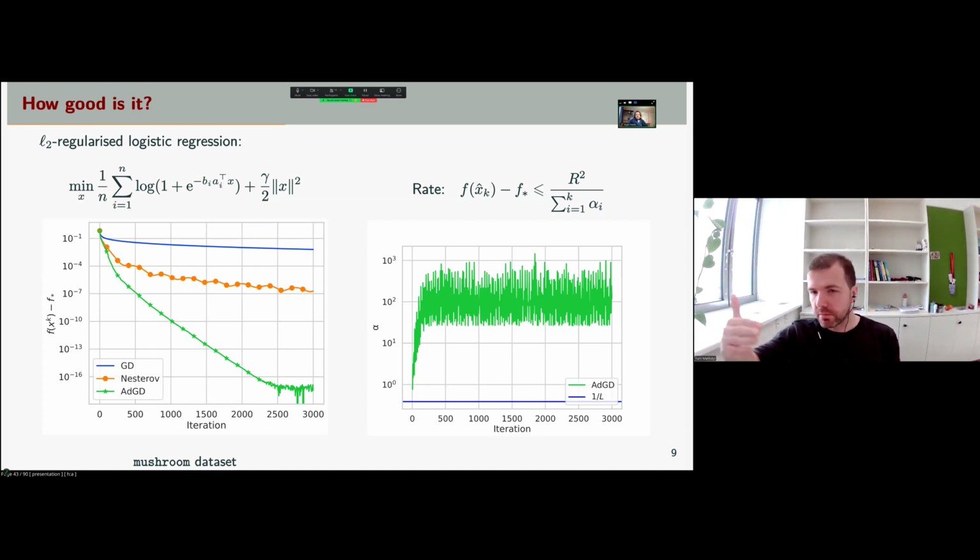On this level they're 100 times larger than the standard step size, sometimes 1,000 times larger. So of course, this sum of step sizes increases much faster than just linearly, much faster even than k squared. And because of that, we got much faster convergence.